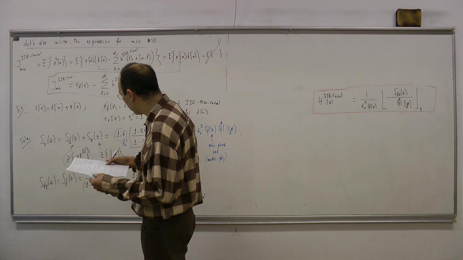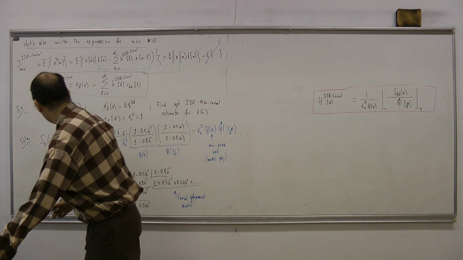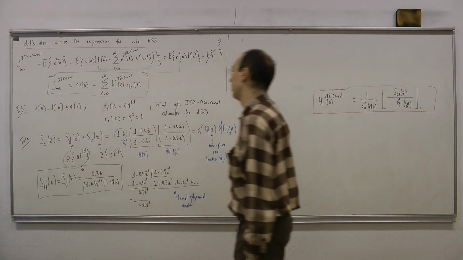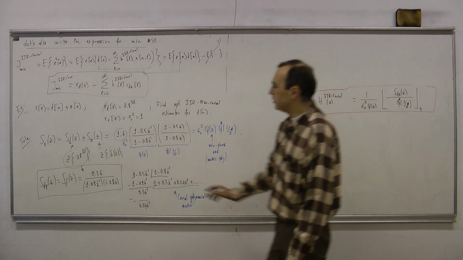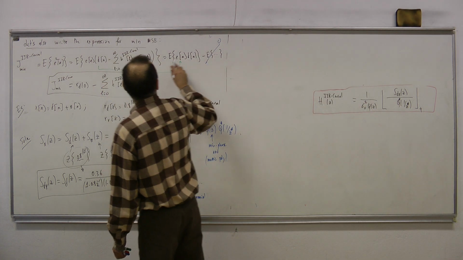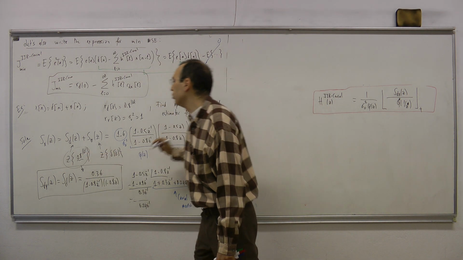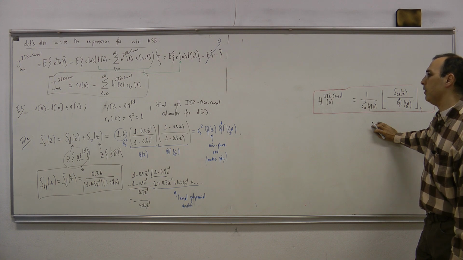But let me make sure, 64, okay. I have that. So this is the Z transform of the autocorrelation sequence R d of k, which is 0.8 to the power absolute k.